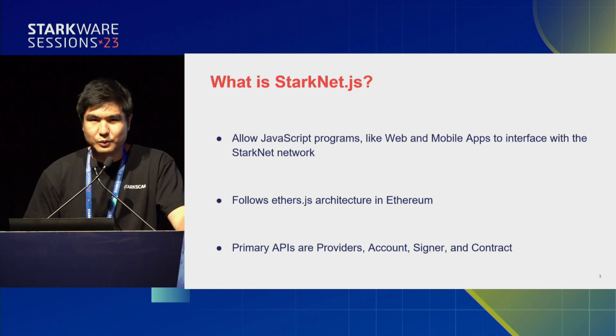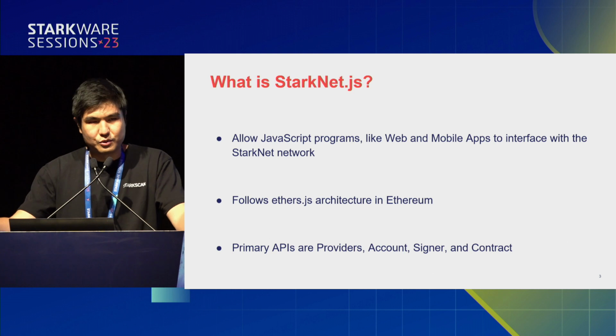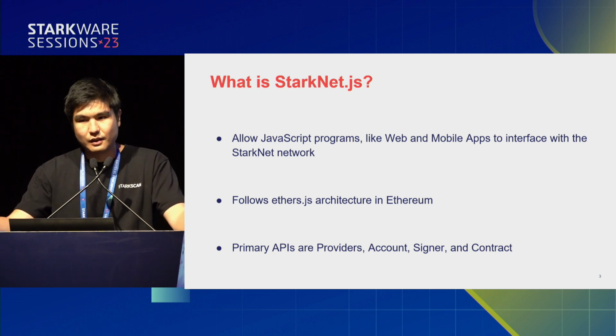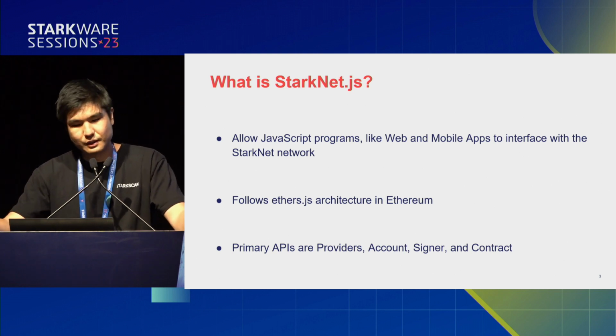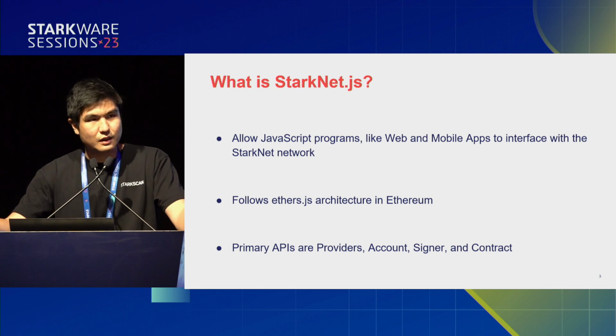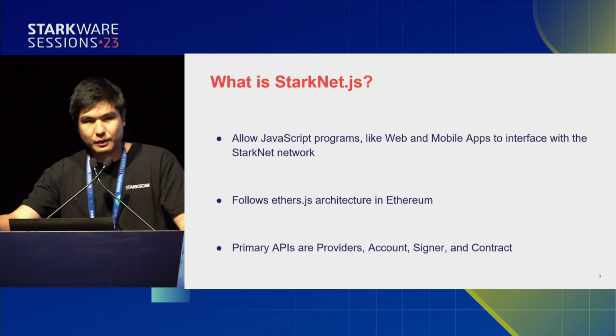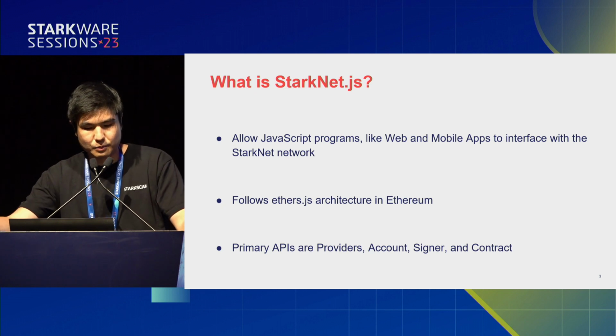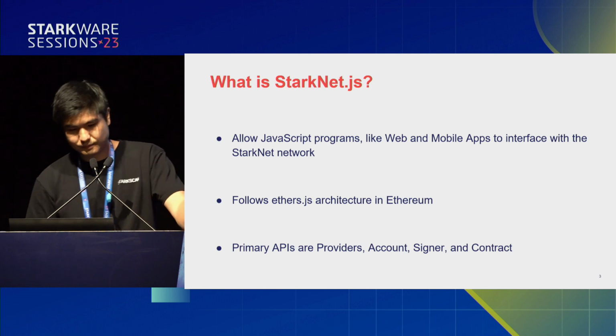I remember seeing Web3.js back in the day, but I think Ethers.js sort of abstracted the architecture to interface with the network really well, and we took a lot of inspiration from that architecture. And the primary APIs are provider, account, signer, and the contract.